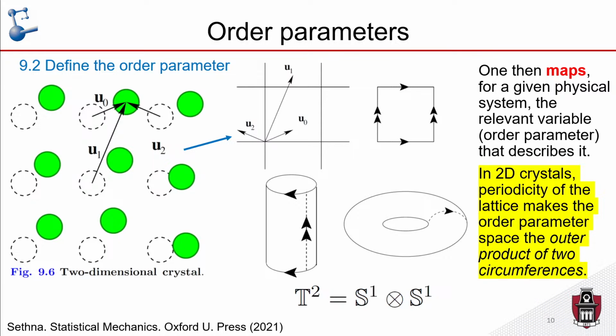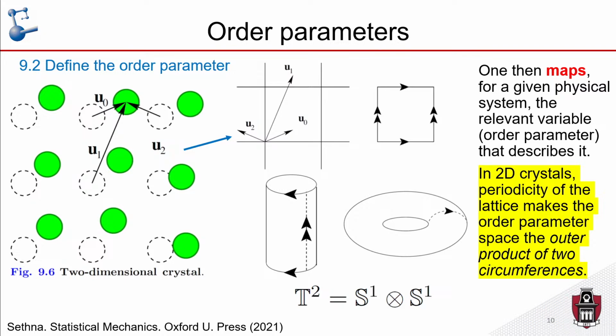That's folding along one direction. That's a circumference, S1. And then when you fold on this direction where you have a single line, that gives you this second fold. And then the outer product of traveling this circumference either this way or this way is what gives you that topological order parameter, which for 2D crystals happens to be a torus.